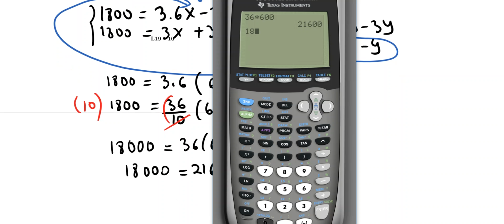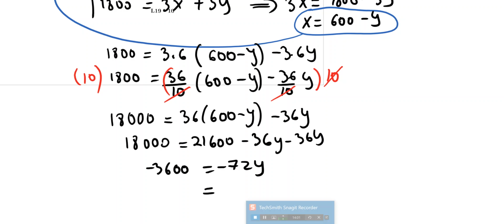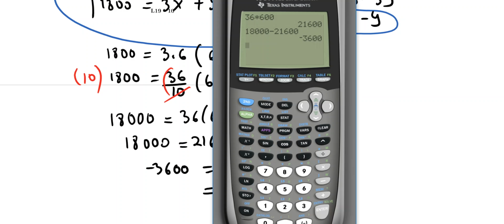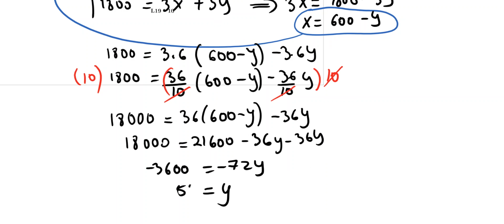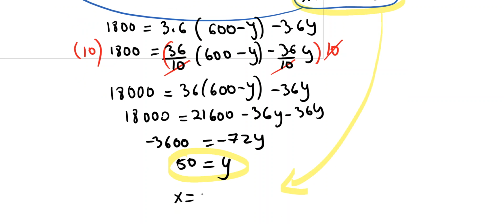So 18000 minus 21,600 equals negative 3,600. So negative 3,600 equals negative 72y. Divide by negative 72. We get that y equals 50. So y equals 50. And therefore from that one, we get that x equals 600 minus 50. So x equals 550.